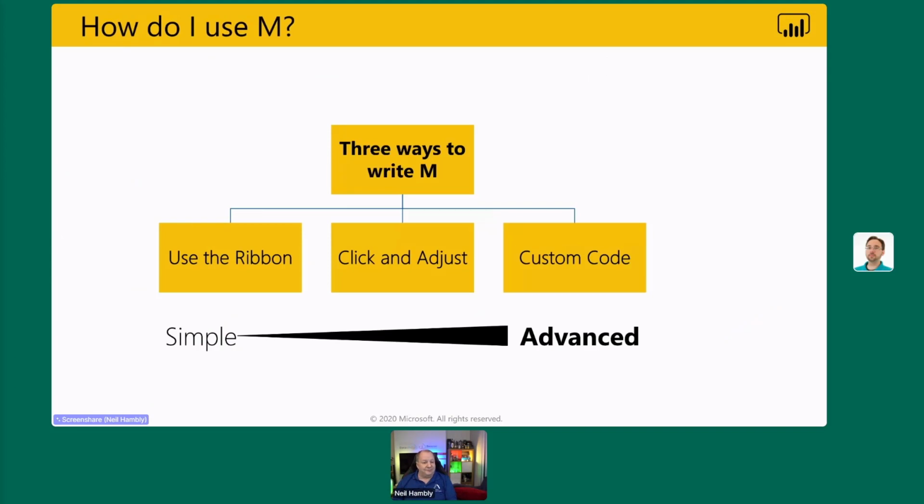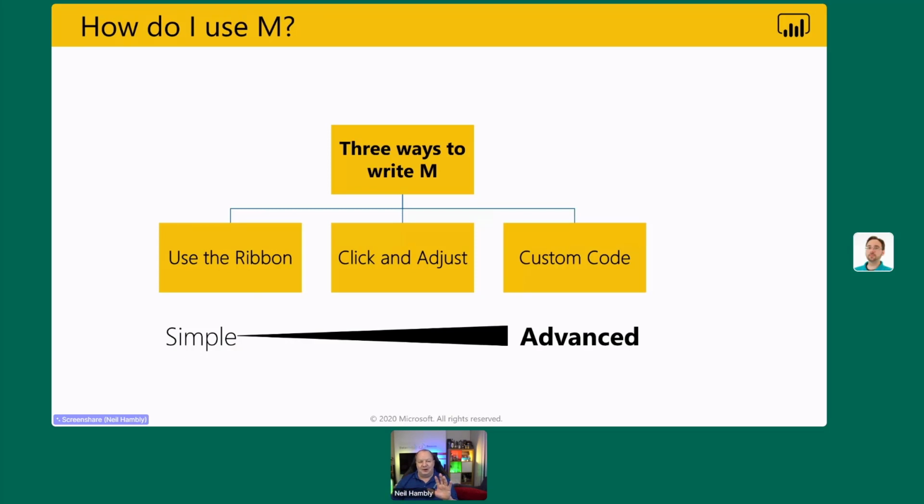So first off, there's always multiple ways to skin that cat, and that poor cat is being skinned all the time. We have simple ways of doing it, we have more advanced ways, and then we have the custom code ways. You will probably start with using the ribbon to get the majority of what you want done.